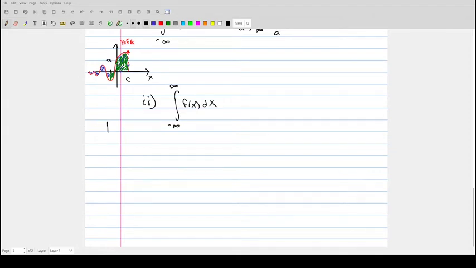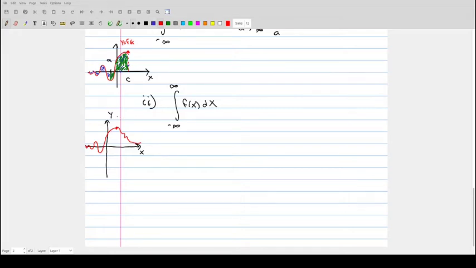Let's say we have a full function defined for every value of x, and it looks like a sort of combination of the first two types.